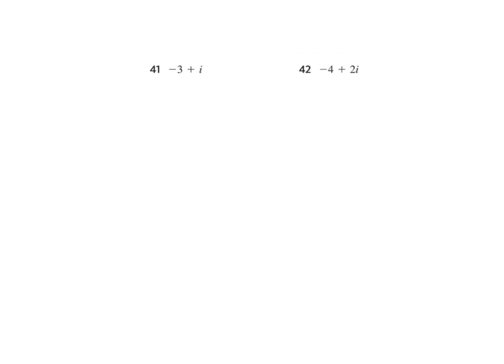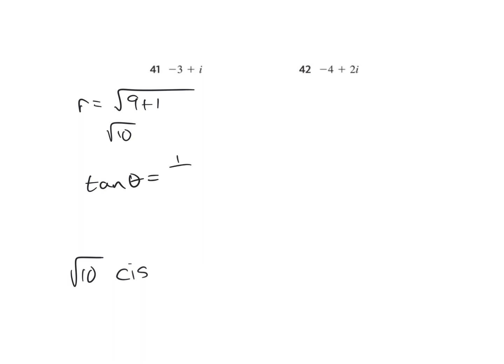All right, 41, do the exact same stuff again. So that's 9 plus 1, that's the square root of 10. And the tangent of theta is 1 over -3. So make sure we understand where that's at. So remember, a is your real number and b is your imaginary, so x and y. So -3 and +1. You're in the second quadrant.